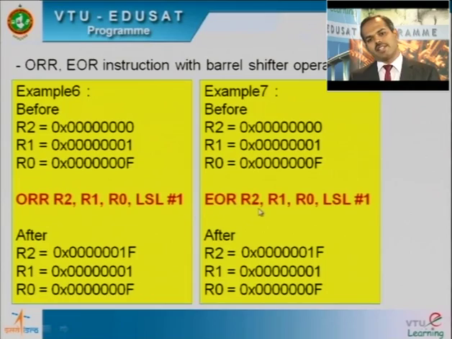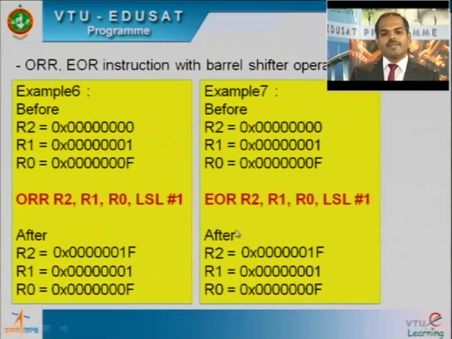Similarly, in the next example, example 7, the XOR operation is written properly. That is EOR R2, R1, R0, LSL #1. Before the execution of this instruction, the register contents are the same as the previous examples.